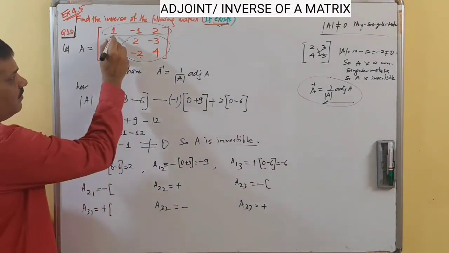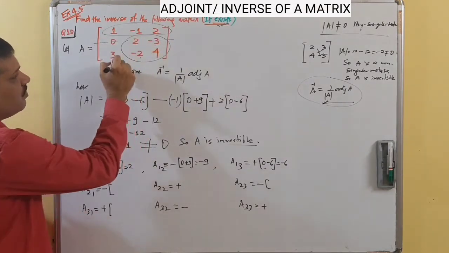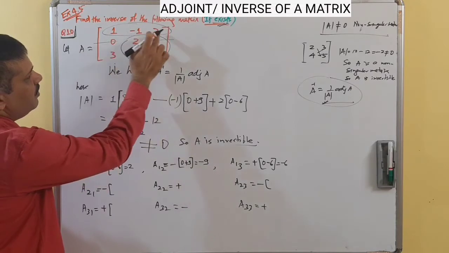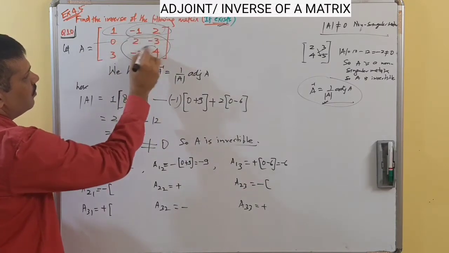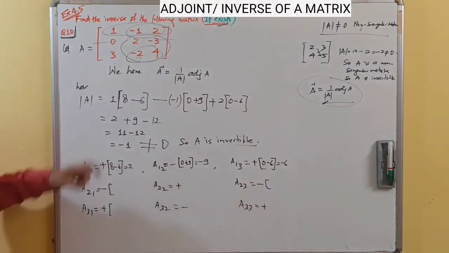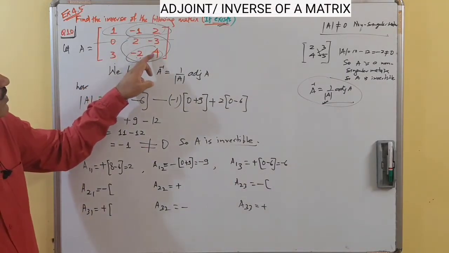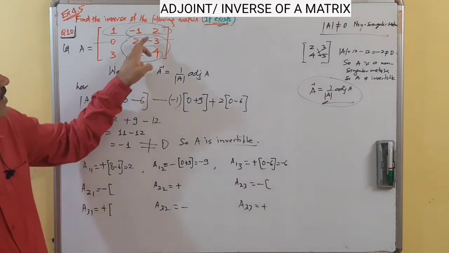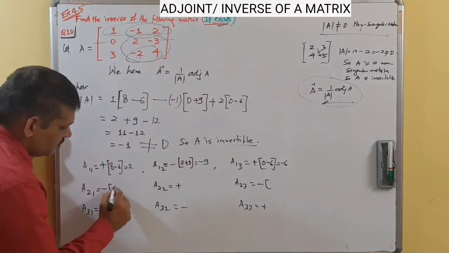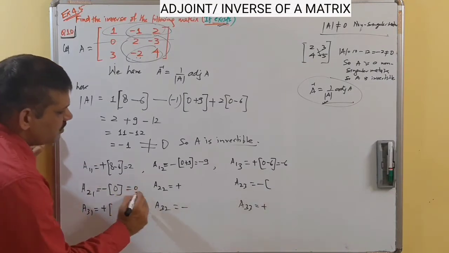Here for this element I'll delete this row and this column, and what we get is 1, 2, minus 4, plus 4. Minus 1 into 4 is minus 4, minus of minus gives plus 4, minus 4 plus 4 is 0, so this is 0.